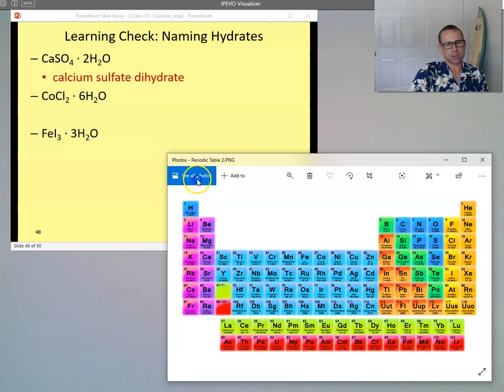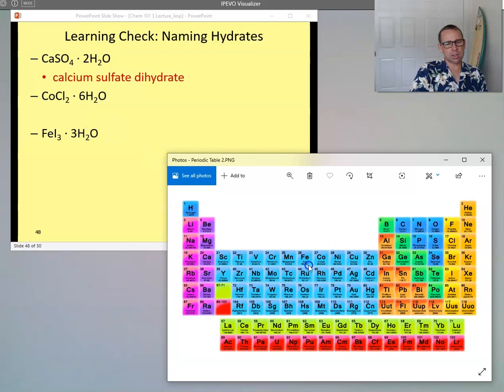Is it another thing on the periodic table? I think it's just one element, Cl, right? Oh, chlorine. And so, how does it end? Is it cobalt chlorine? Is that what we say? Chloride. Very good. Cobalt chloride.